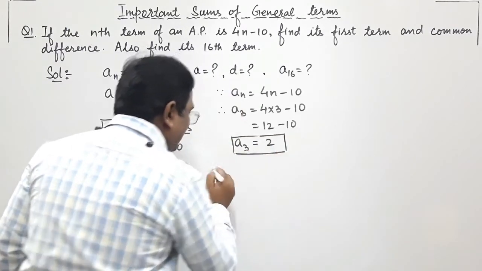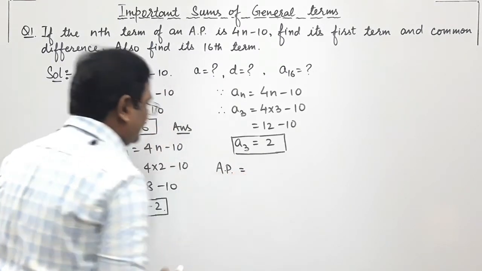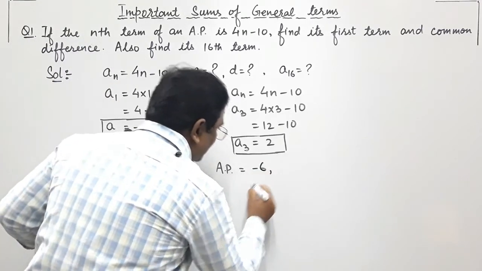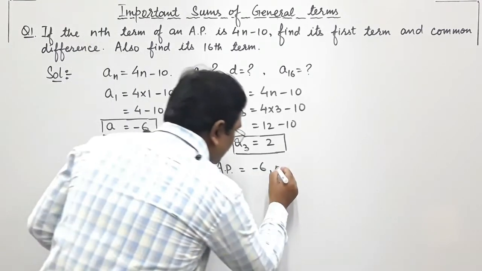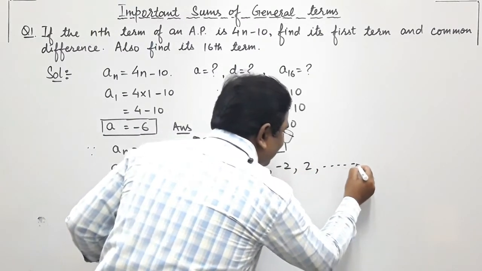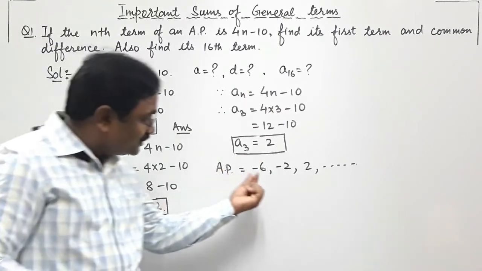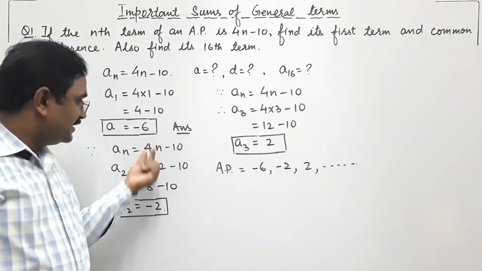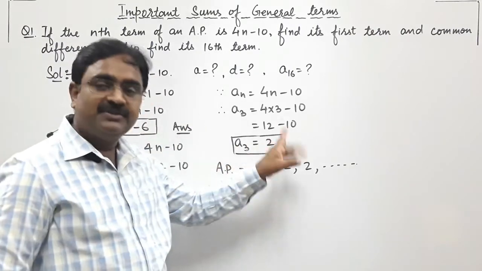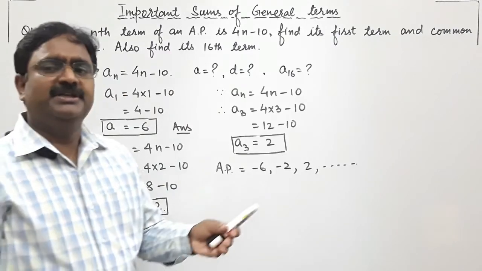So our AP came, हमारा arithmetic progression क्या है? First term is minus 6, second term is minus 2, third term is 2, etc. Right, children? So first term is minus 6, second term is minus 2, third term is 2, so etc. we can get the arithmetic progression easily.